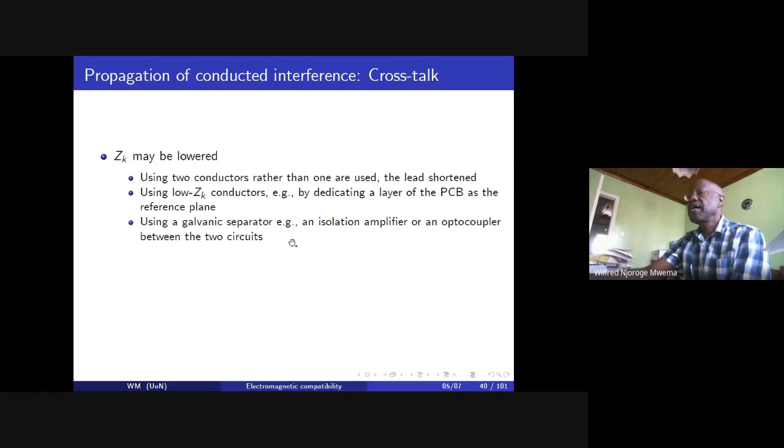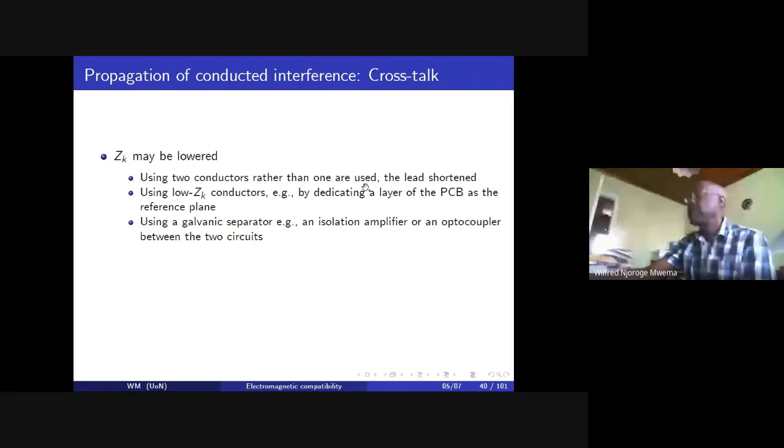So we can use a galvanic separator, e.g., an isolation amplifier, or an optocoupler between the two circuits. That is, instead of connecting them through the same path, we can use an opto transistor, so to speak, which will take one signal from one side to the other.